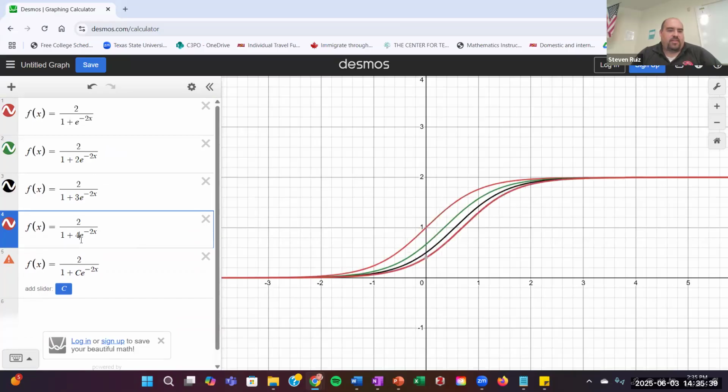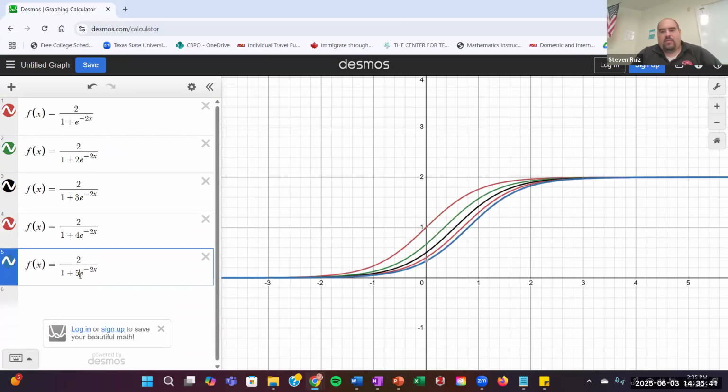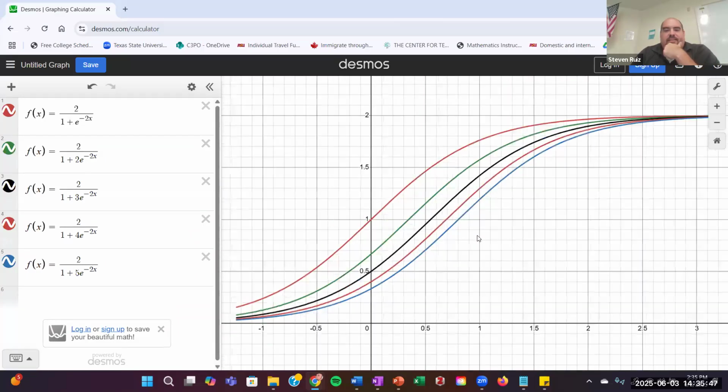Sliders are all well and good, but let's actually look at them all side by side. So if we zoom in to see these responses here, the largest one here should be where c equals 1, then the green should be where c equals 2, and so on and so forth.